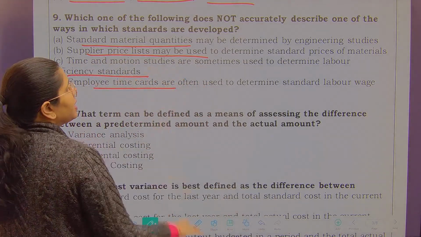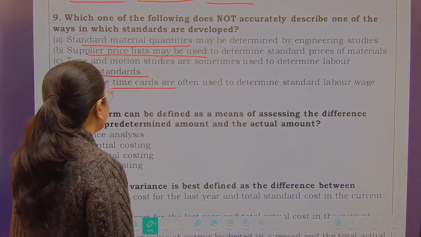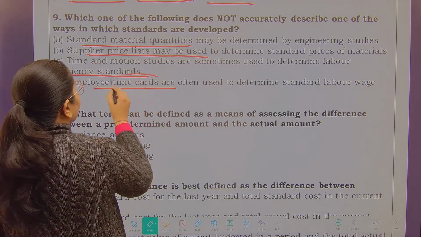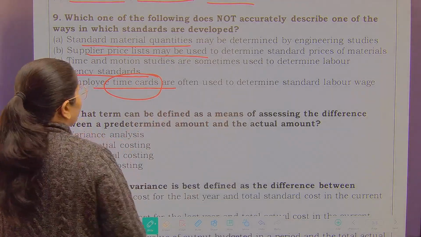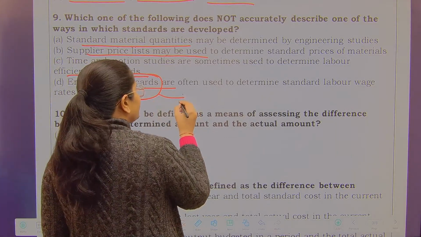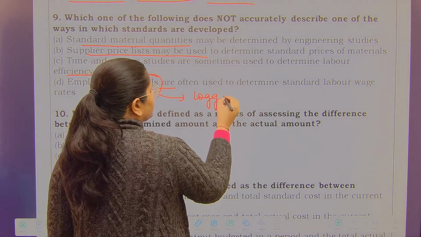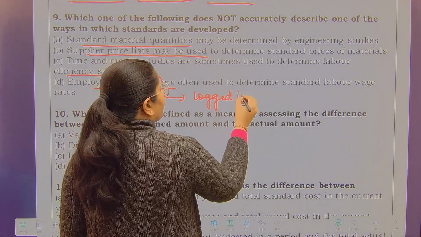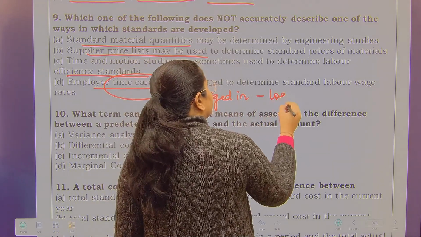Time and motion studies will be used to determine labor efficiency standard, that is also correct. But employee time cards are not used to determine labor wage rate. Why? Because time cards show when you logged in and when you logged out. This is the purpose of the time card.